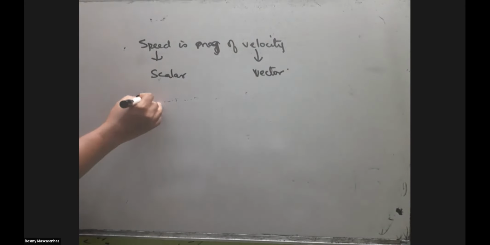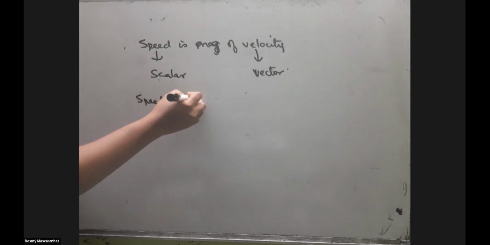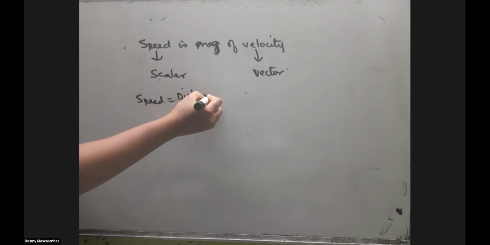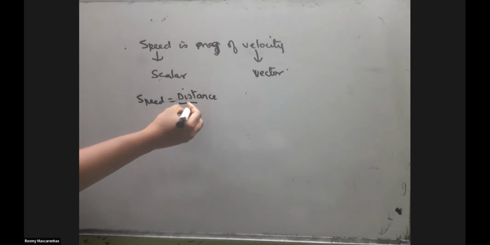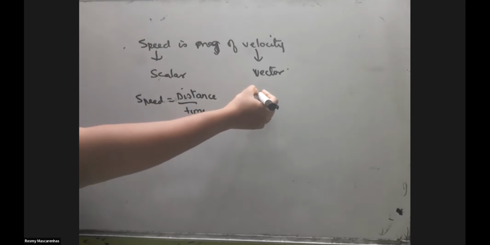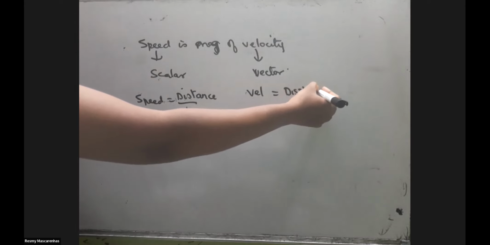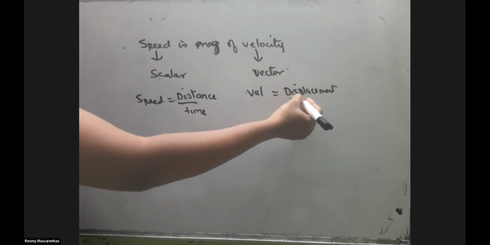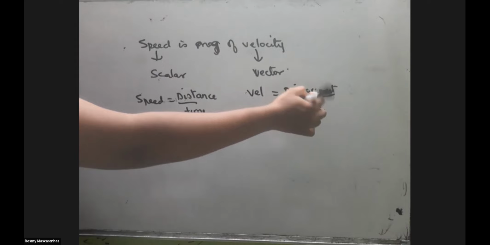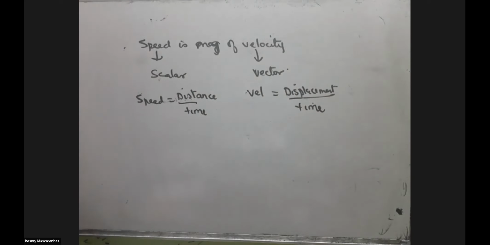Because speed is what? Distance upon time. Distance is how much distance you have traveled. But velocity is displacement upon time. Displacement is a vector. It depends on the direction also.